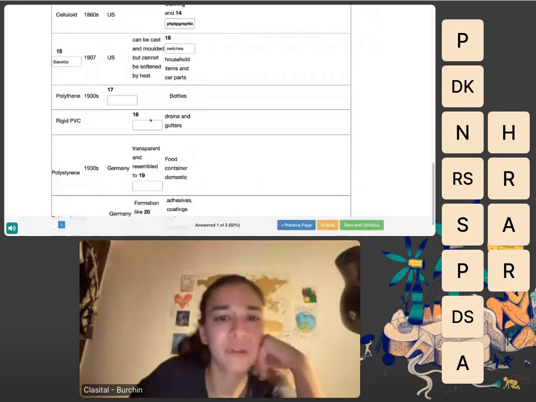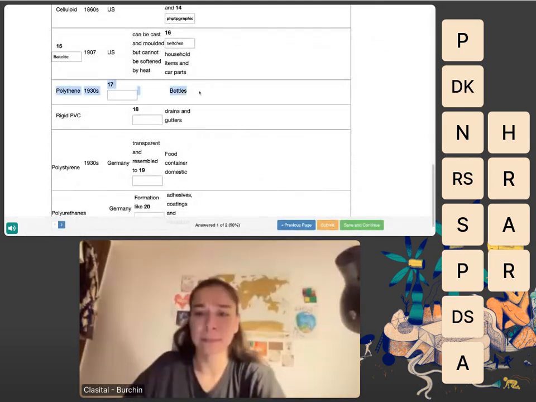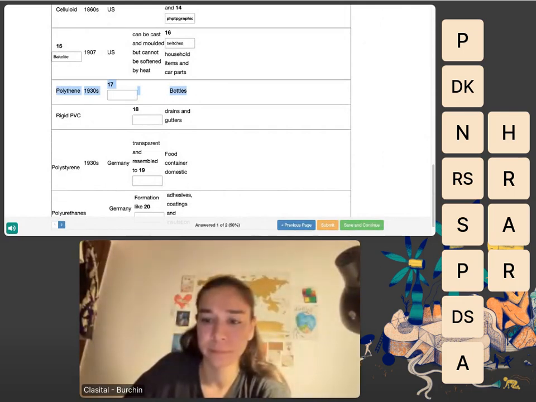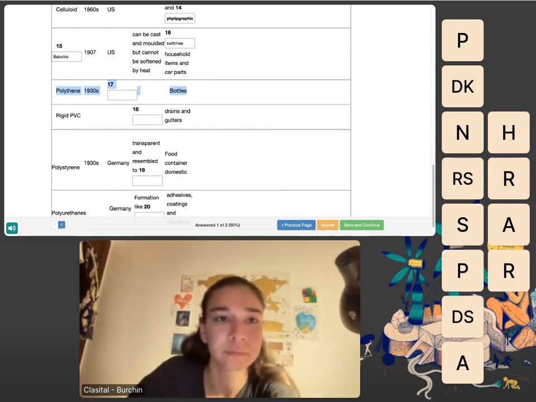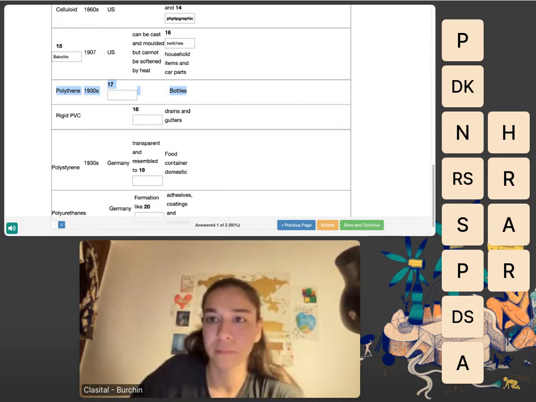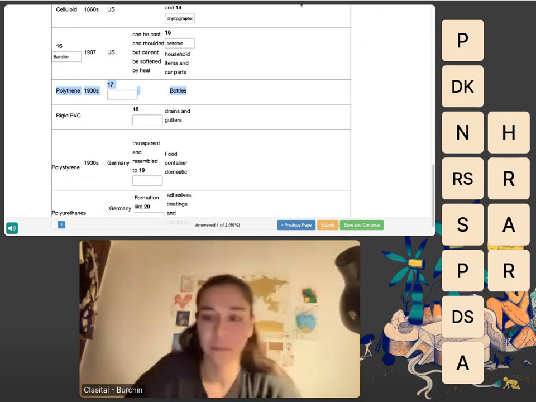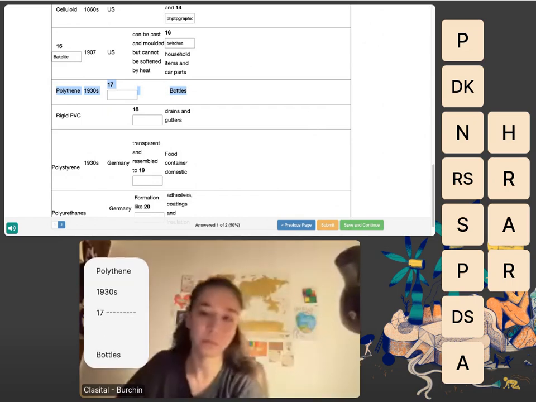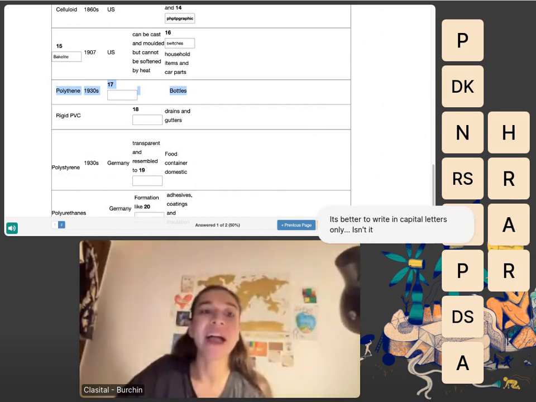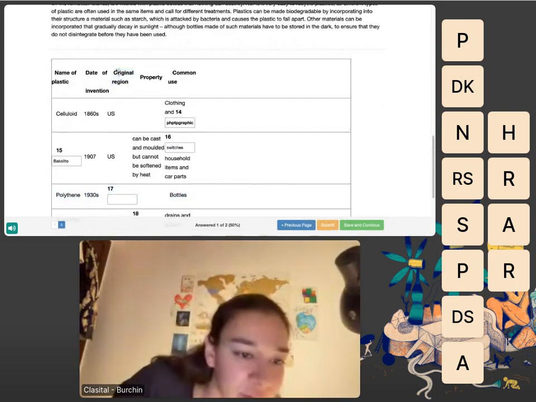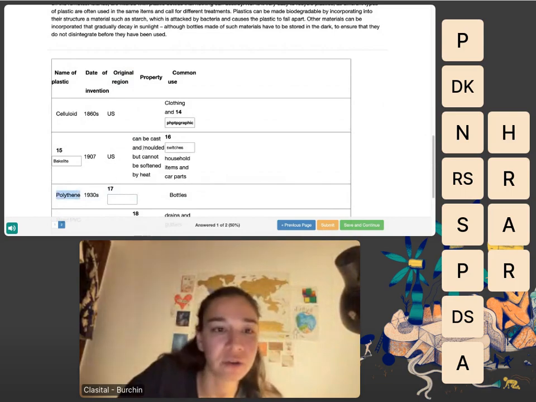17. We have polyethylene. Give me 1 second. Now we will look for the original region of the polyethylene.